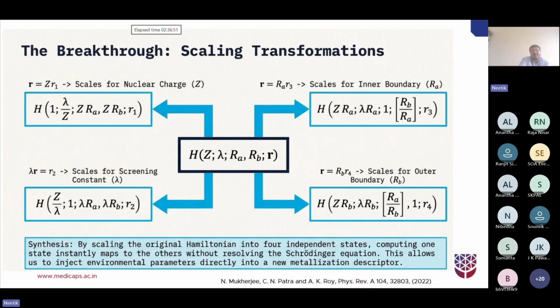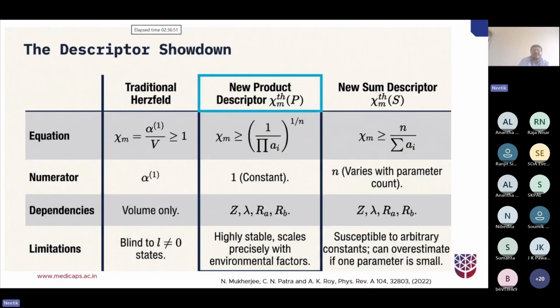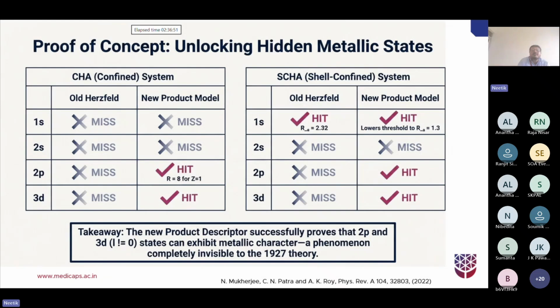So we modified the traditional Herzfeld criterion into a different form, considering charge, screening constant, radius, and inner and outer radius. Based on that, we found in many cases hidden metallic states, which are found in different states at certain characteristic points.